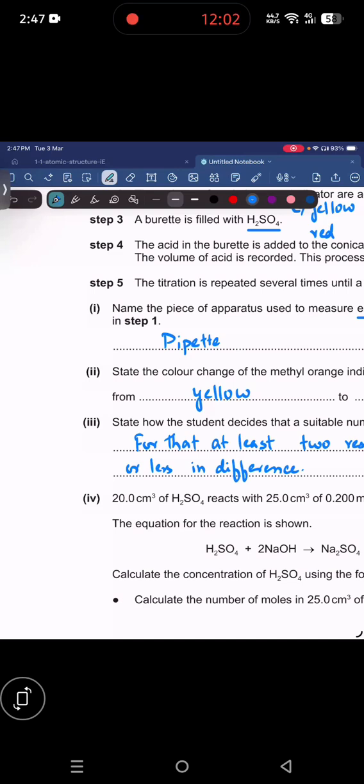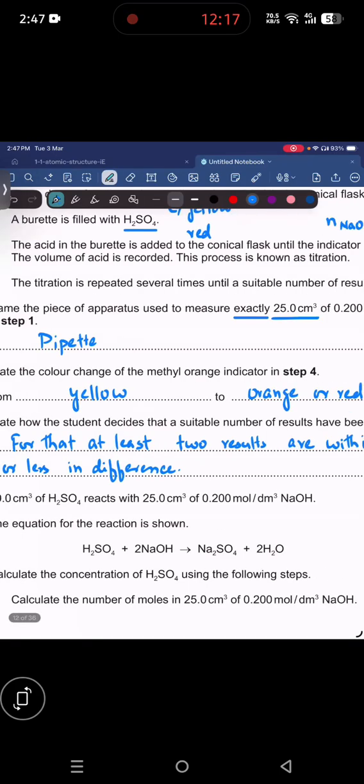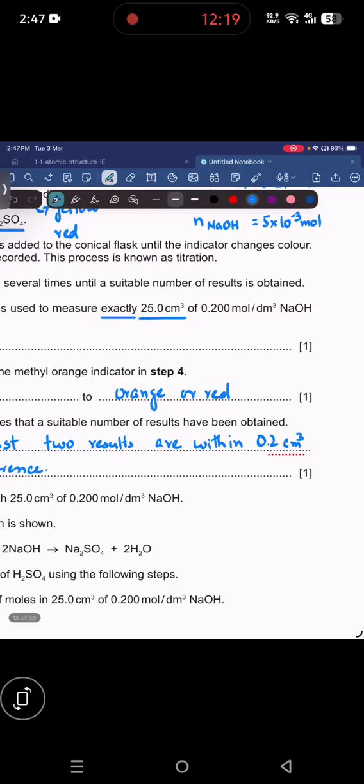Okay, it means when you perform several titrations, you will have two values which have a difference of 0.2 or 0.1, like 23 point something. For example, let me write some examples here, like 23.5, 23.7, 23.8 and 23.6.